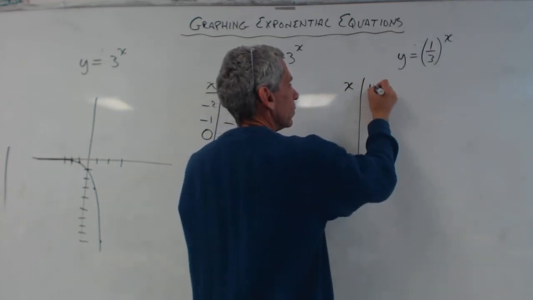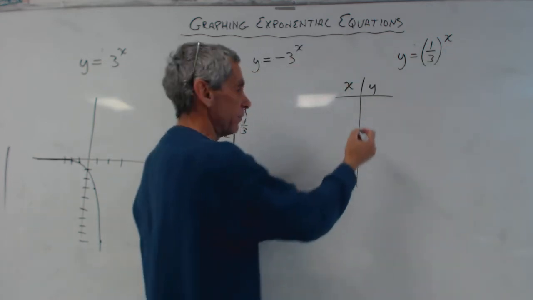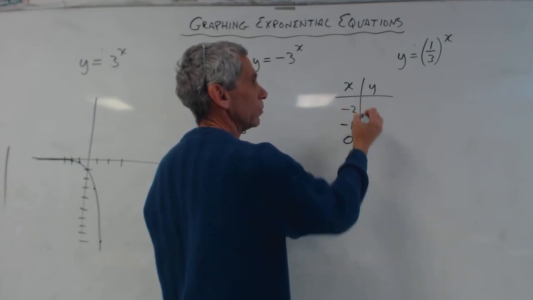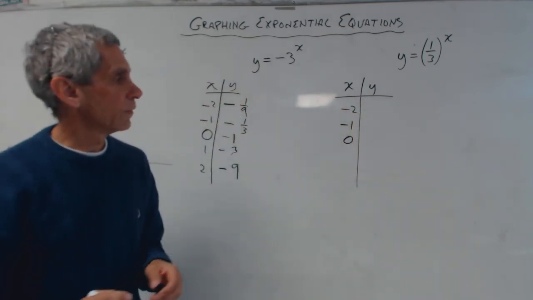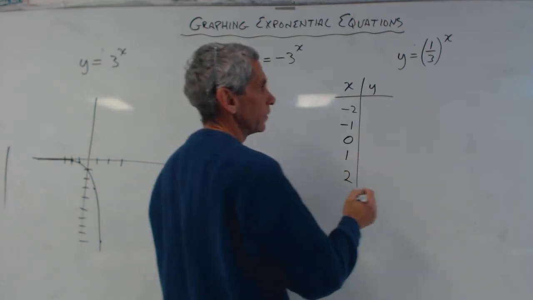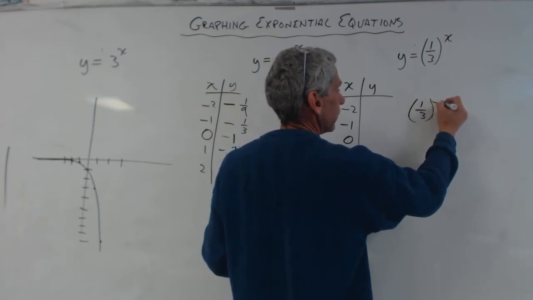X, Y. So, again, I'm always going to have a 0. I'm always going to probably do a negative 1 and a negative 2. And I'll probably do a 1 and a 2 here. All right, let's try to figure this out. What is 1/3 to the negative 2?